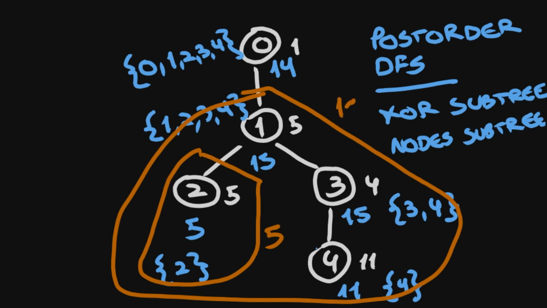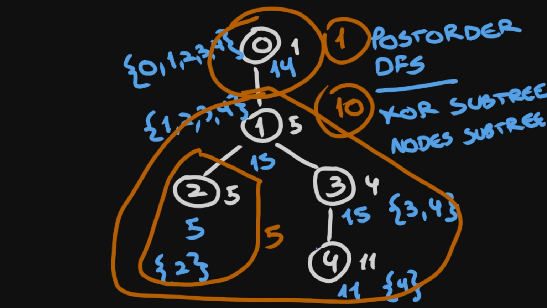This is 10, and the XOR value for this component is 14 XOR 15, which is 1. The maximum value here is 10, the minimum value is 1, so the result is currently 10 minus 1, meaning 9.